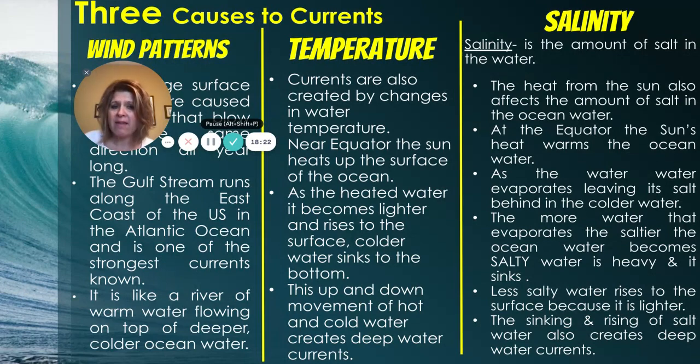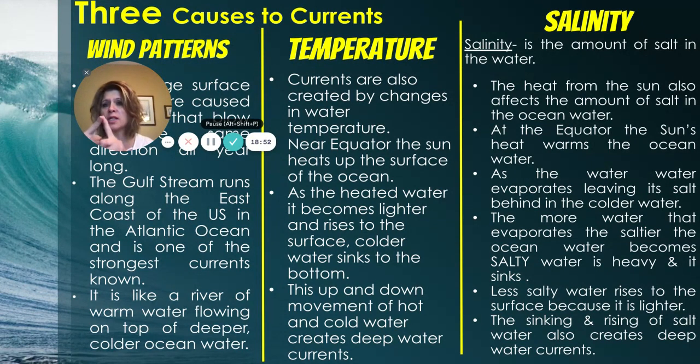Salty water is heavy and it sinks. Less salty water is lighter and rises to the surface. The sinking and rising of the salt water also causes the deep water currents. So, the warmer the water, the more it evaporates, leaving the salt behind; the salt becomes heavy and sinks, also causing deep water currents.